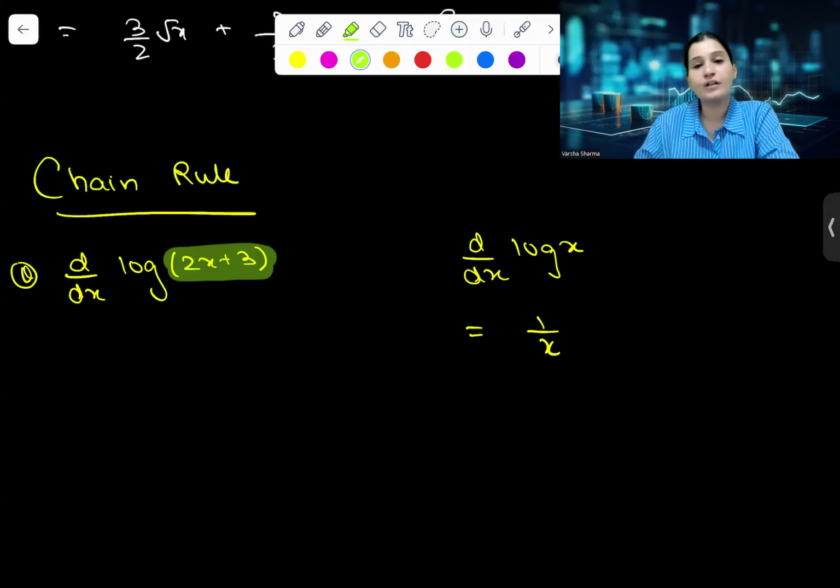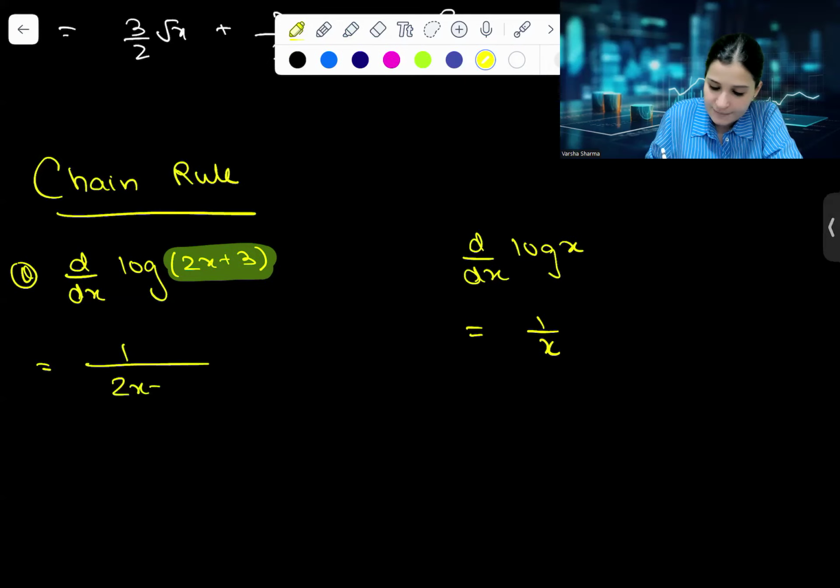Initially in my formula it was log x, but in my sum the position of x is replaced by another function, that is 2x plus 3. So I'll treat it as log x. So again, using the formula, log x becomes 1 upon x. Yes, till here it's fine.